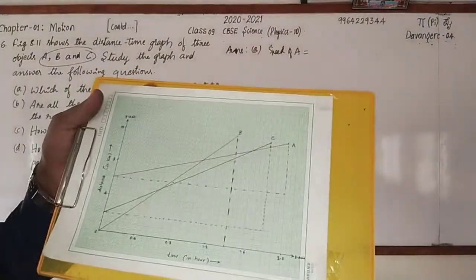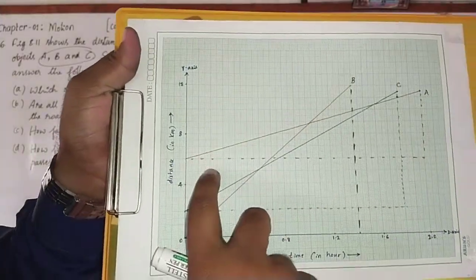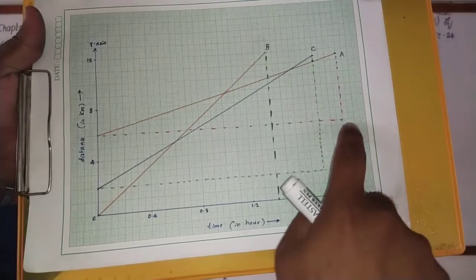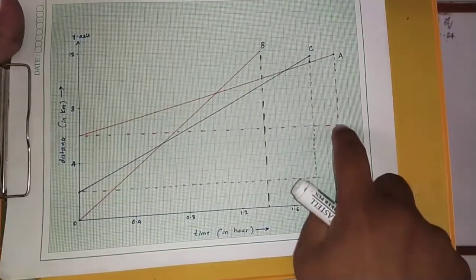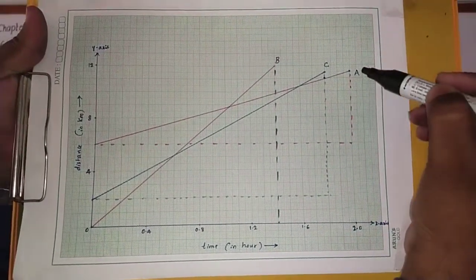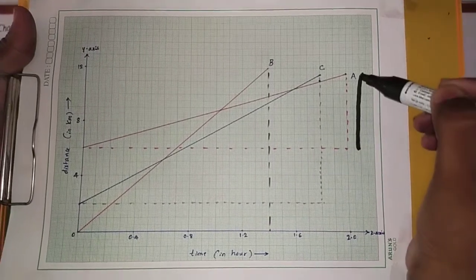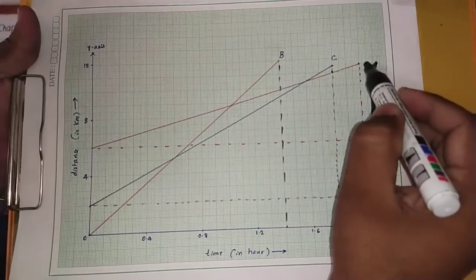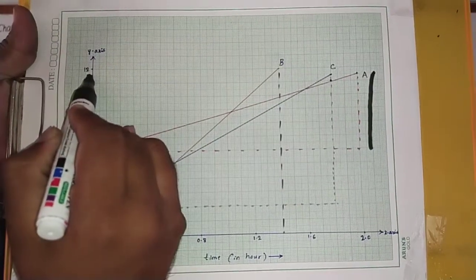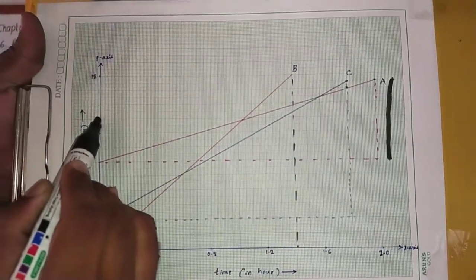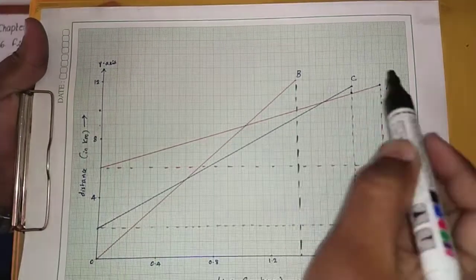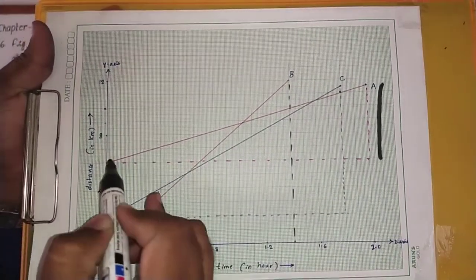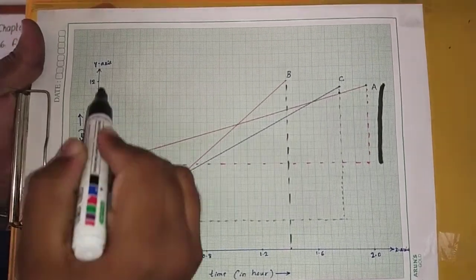Observe this red line. Look here: slope, vertical distance and horizontal distance. You have to take the distance from here to here. How much is it? Up to here it is 11.5, see, 8, 9, 10, 11. This is 11.5. And up to here it is 5, 6.